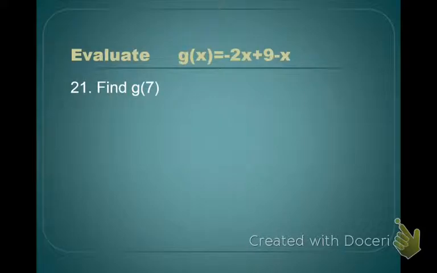And then g of 7, it's going to be negative 10. Wait. Negative 12.